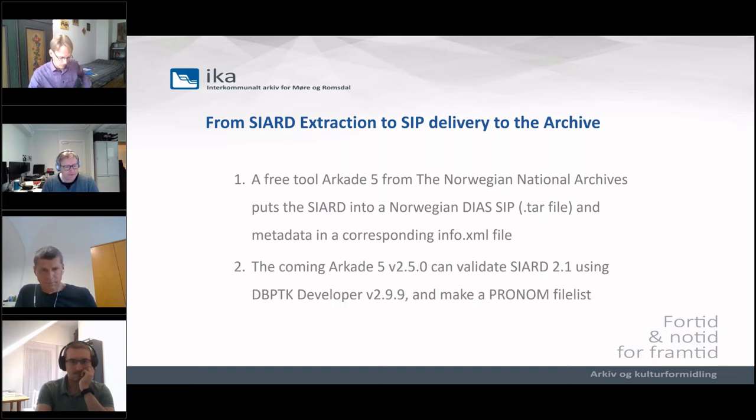And the coming Archive 5 version 2.50 can validate SIARD 2.1 using the dbptk-developer 2.9.9 validate section. And also it can make a PRONOM file list. It uses Siegfried, which I believe is similar to the DROID PRONOM analysis program.